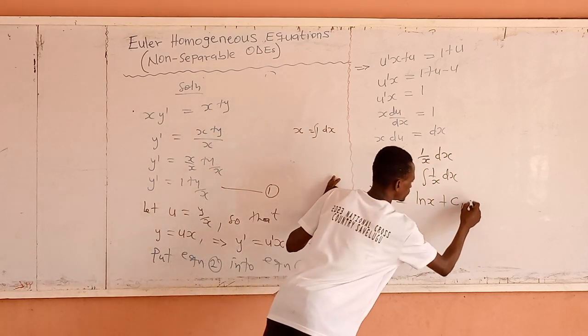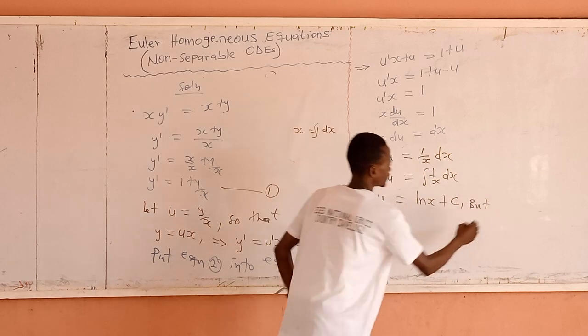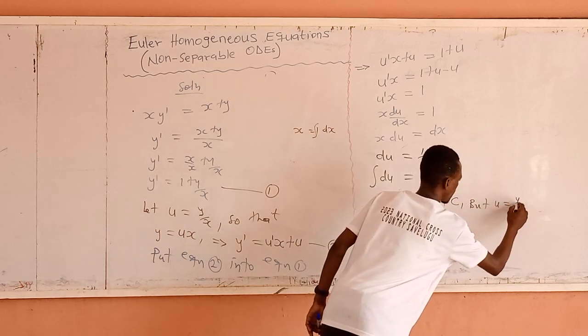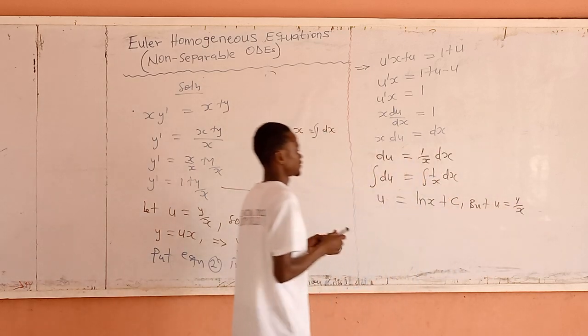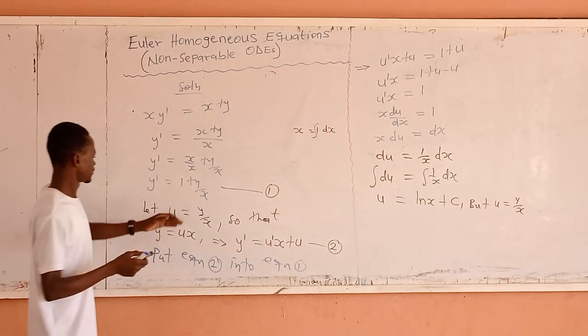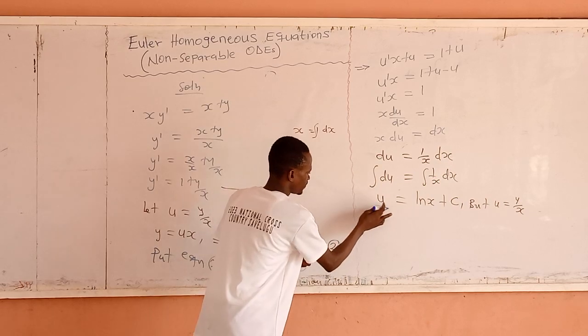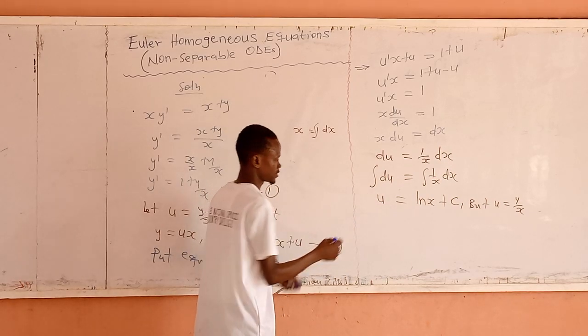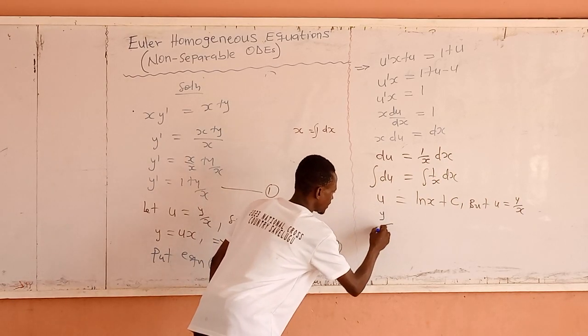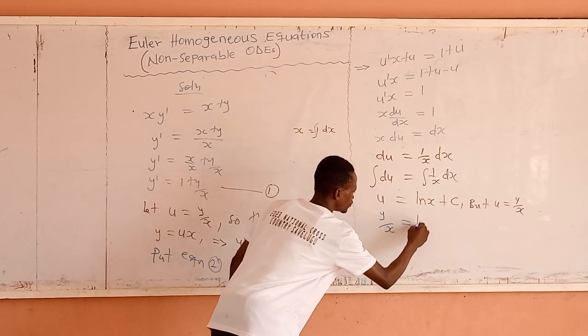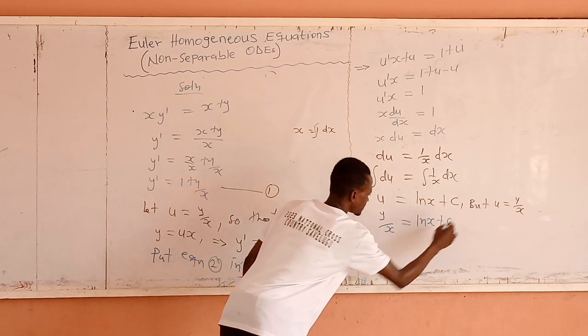But we know that u was equal to y over x. From our previous workings, u was equal to y over x. So that means that we can substitute this u by y over x. Therefore we have y over x equal to ln x plus c.